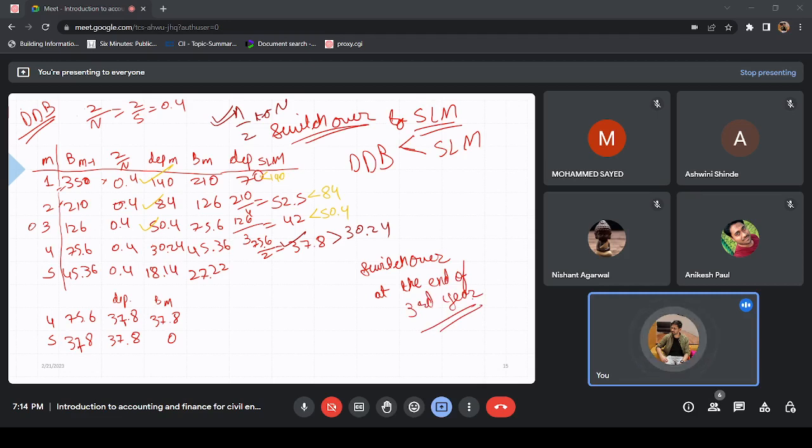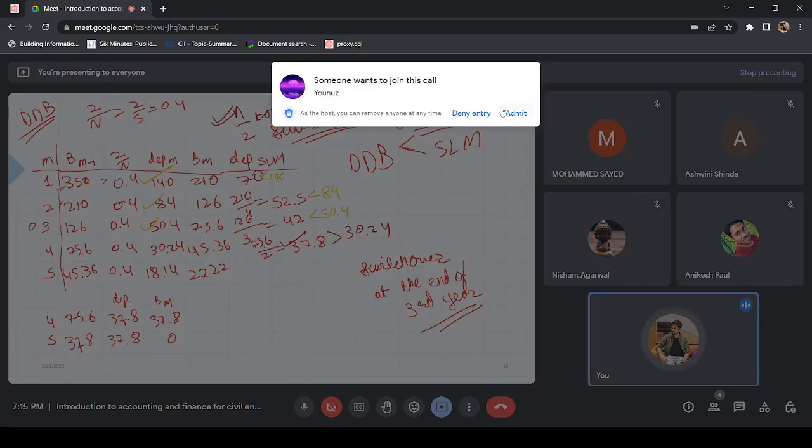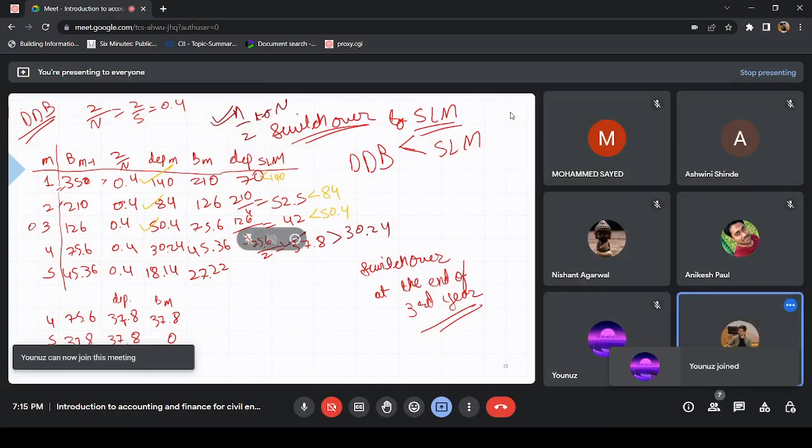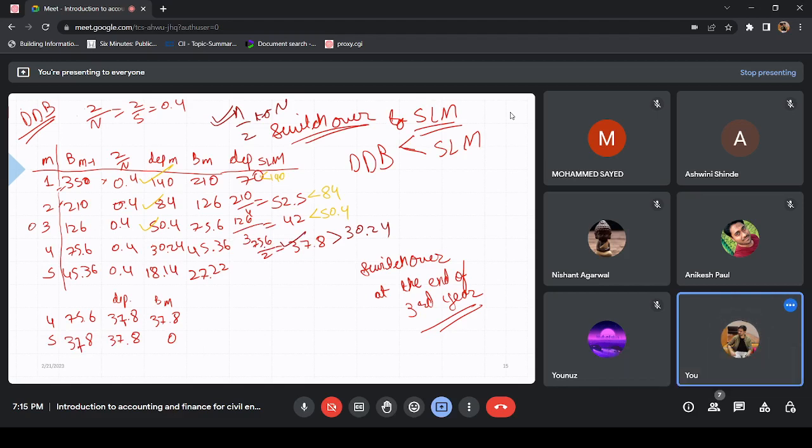So any confusion in this part? How to do the switchover? Why are we doing the switchover? And how to calculate the values after that? Guys, I will need your response before proceeding ahead.